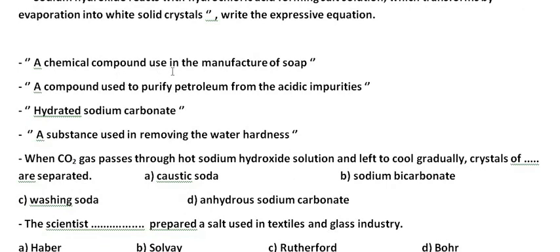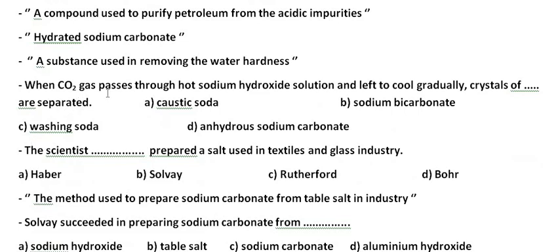A chemical compound used in the manufacture of soap is sodium hydroxide. A compound used to purify petroleum from acidic impurities is sodium hydroxide. Hydrated sodium carbonate is washing soda. A substance used in removing water hardness is sodium carbonate.